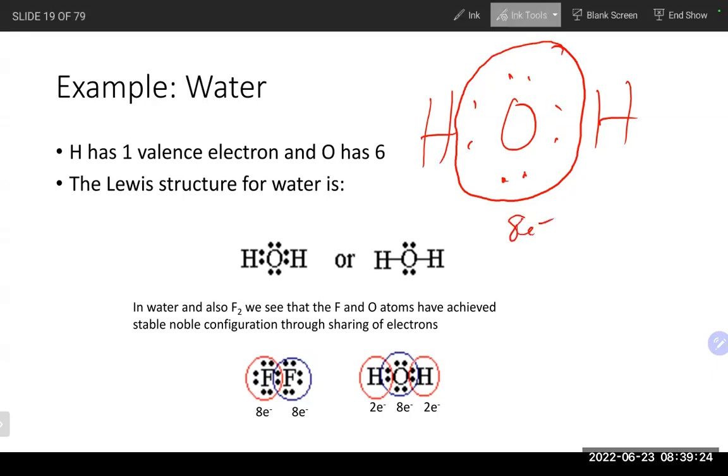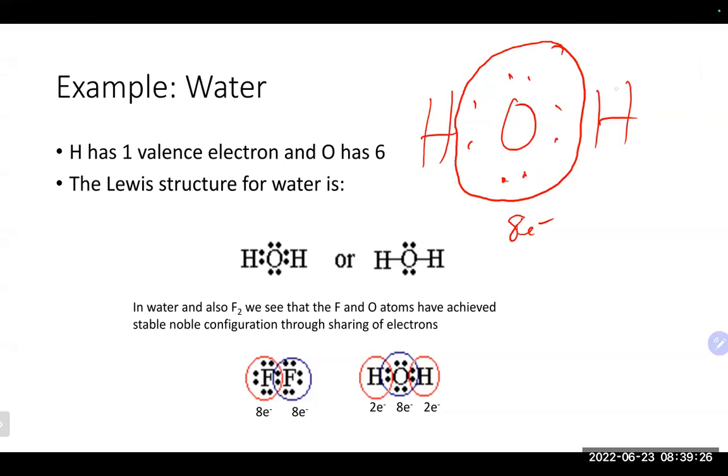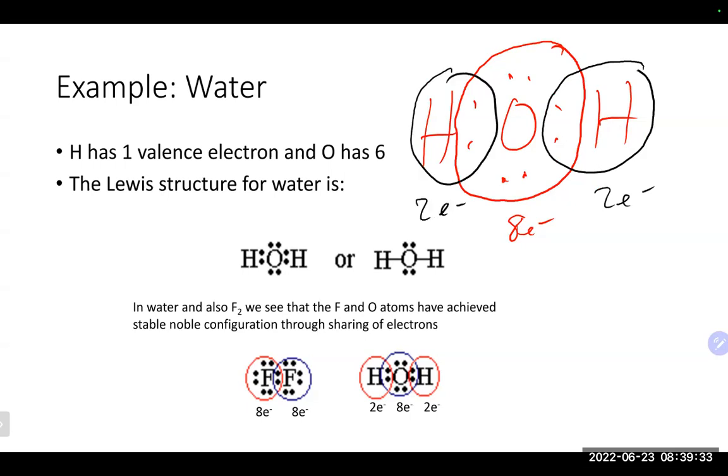And by that oxygen sharing with both of those hydrogens, that allows each of the hydrogens to achieve 2 electrons, which again makes it happy and obviously makes the oxygen happy. That is the goal of covalent bonding, and things will continue to make bonds until they get to that 8 electrons. So that is really why in certain cases, certain things are double bonded or triple bonded. That is a way that allows everybody to achieve that octet rule, as we'll talk about.